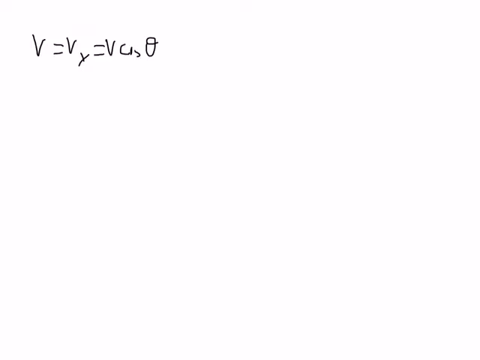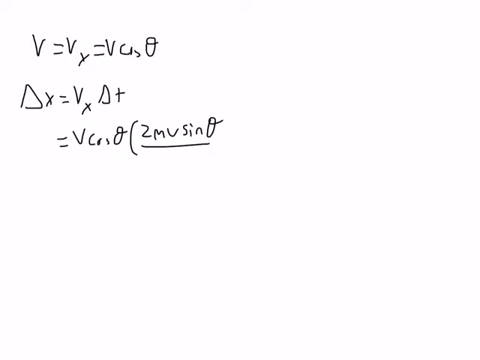And if we want to know how far we travel, delta x equals Vx delta t, right? How far you traveled is based on the constant speed you're traveling and the amount of time it takes. And we just found delta t, so this is V cosine theta, and then we need delta t, which is 2mV sine theta all over QE.